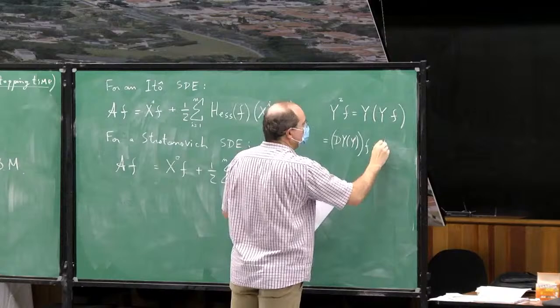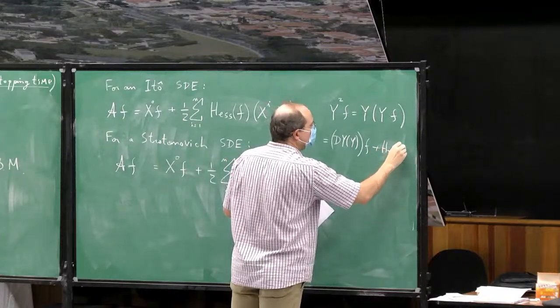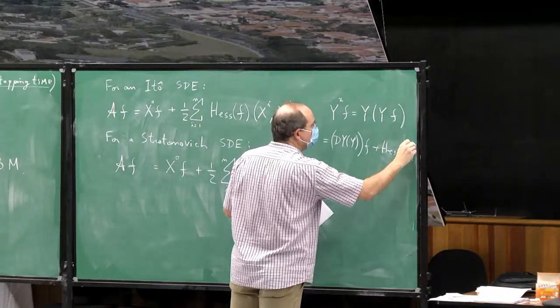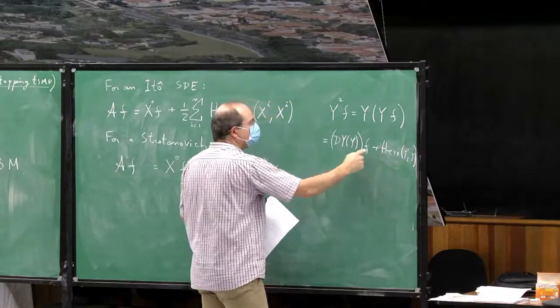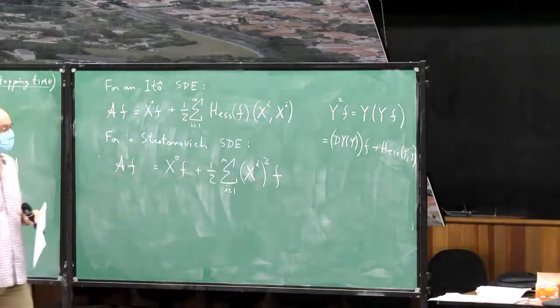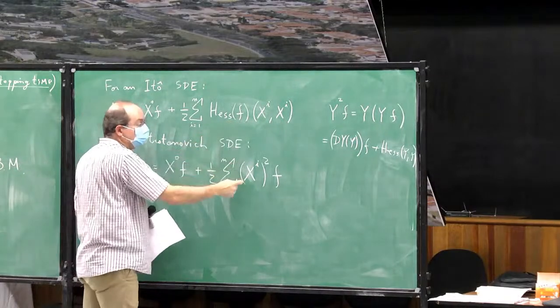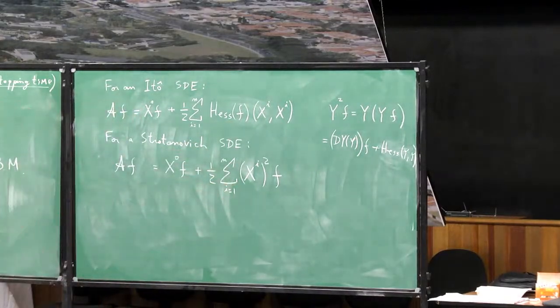Plus the Hessian. So this is the second order, and this is the first order operator. So the difference from here to there is exactly the correction term between Ito and Stratonovich.